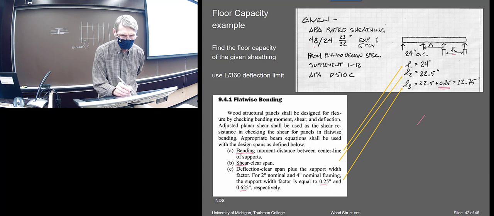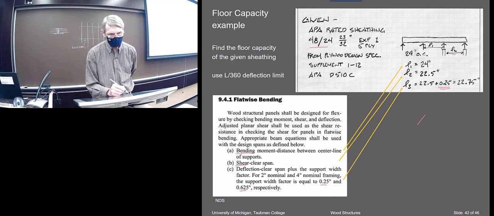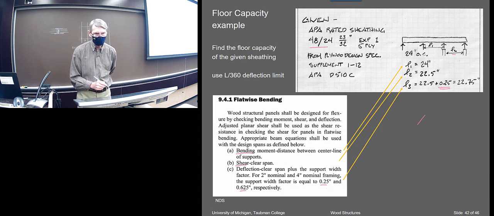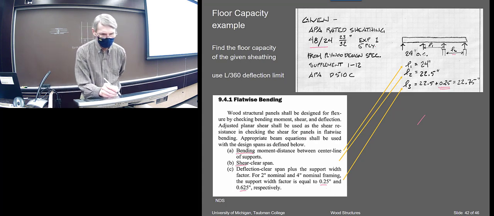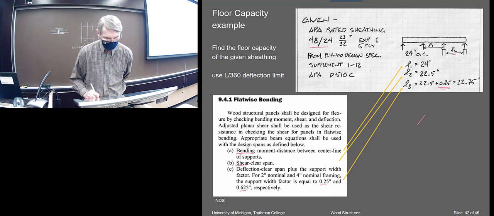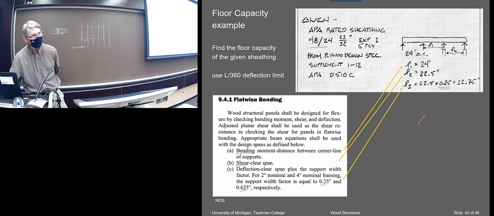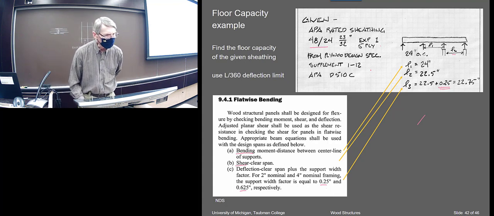In this example, we'll take a span rated panel, 48 by 24, 30 seconds, exposure 1, 5 ply. Okay, so we've got all that specified. All right, and then let's see, I think we're after the strength and the deflection, right?